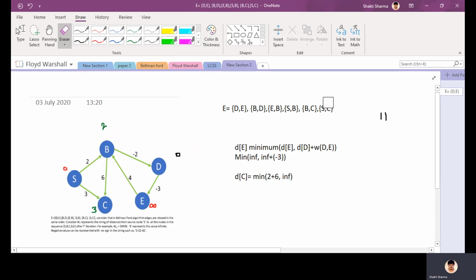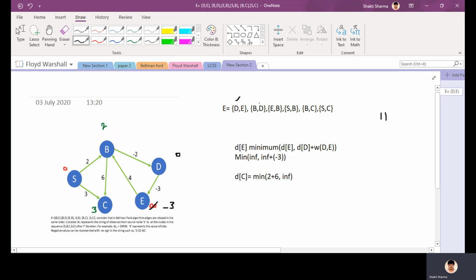Let's see the third iteration. Now relax DE. So 0 minus 3, the value will be minus 3, which is less than infinite. So this value will change. Then relaxing BD, 2 minus 2 will be 0, so no change.